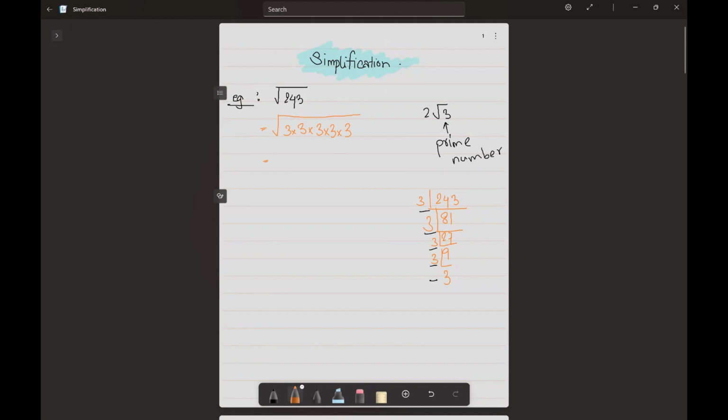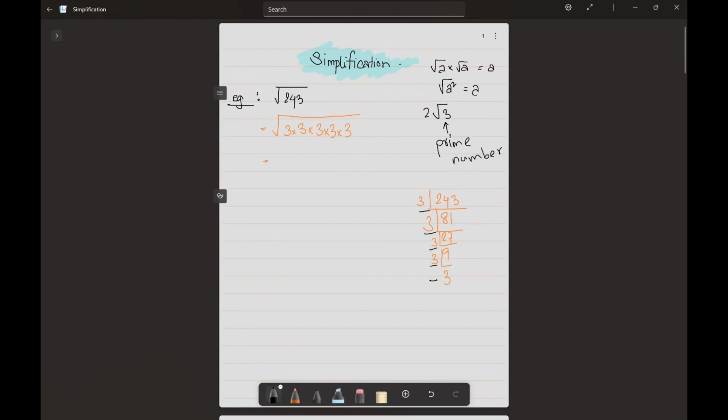And now we have seen where we learned about the rules that if you have root a into root a, then you can write it as a. Or simply when you have root a square, you can write this as a, because the square and the root get cancelled out, right? So here we are going to do the same thing.